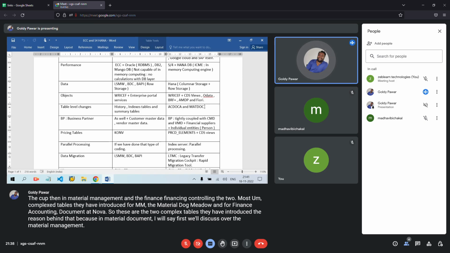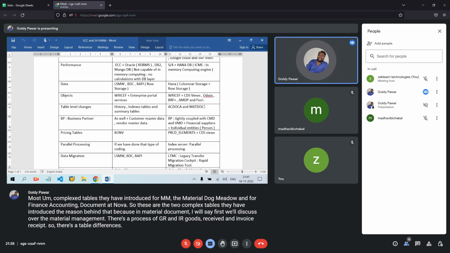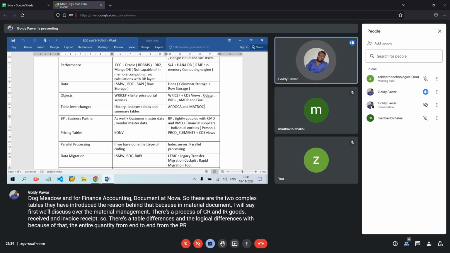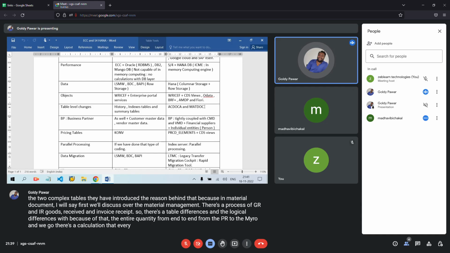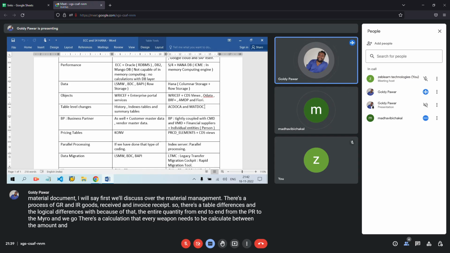There's a process of GR and IR, goods receipt and invoice receipt. There are table differences and logical differences, because of that, for the entire quantity from end to end, from the PR to MIRO and MIGO, there's a calculation that every ABAPer needs to do between the amount and the quantity.